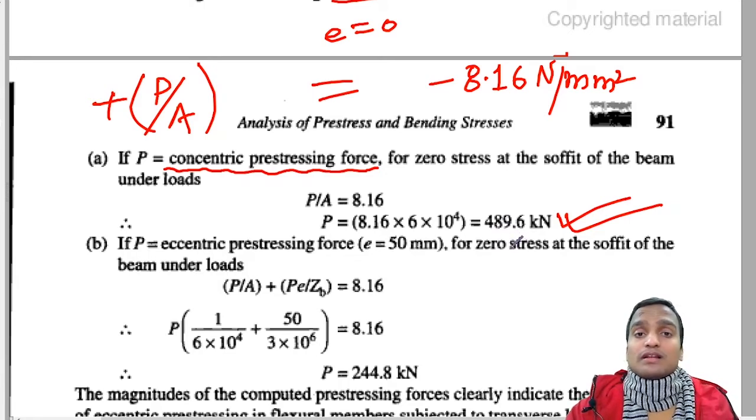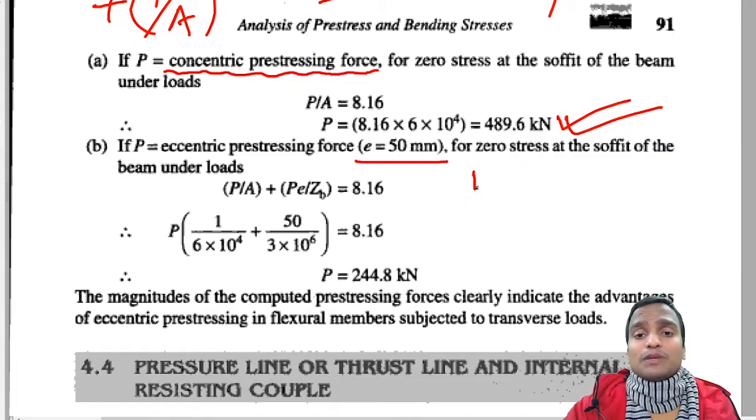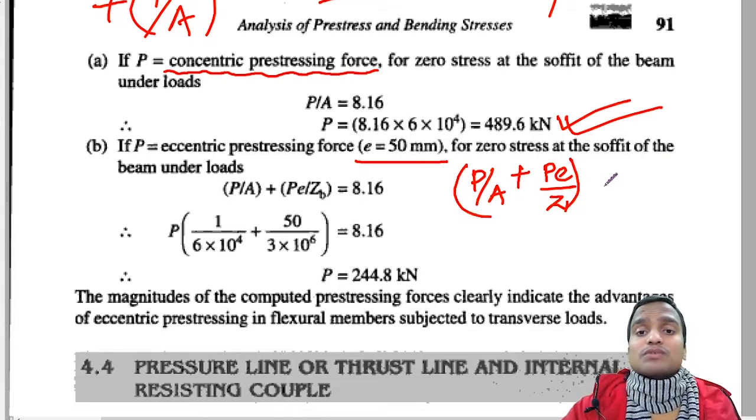Let's see how much pre-stressing is required when we provide an eccentricity, because eccentric pre-stressing is much more efficient. So let us see if we provide eccentric pre-stressing force with an eccentricity of 50 mm, as we have already calculated, for zero stress. It will be equal to P by A, compression due to the direct compression, plus there is also one component of compression due to the eccentricity, coming as Pe by Z. So both of these stresses will nullify this value of 8.16.